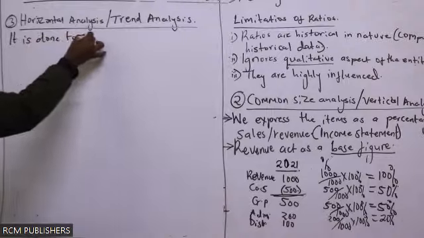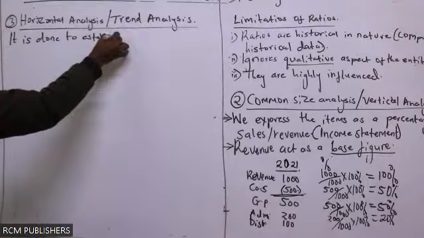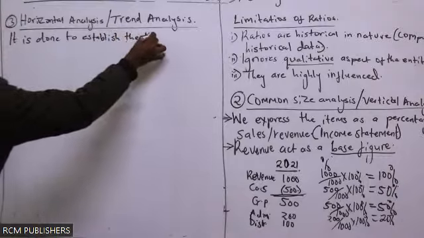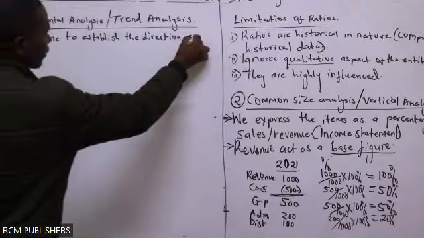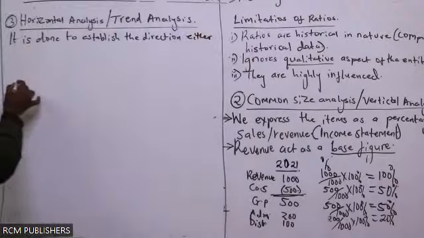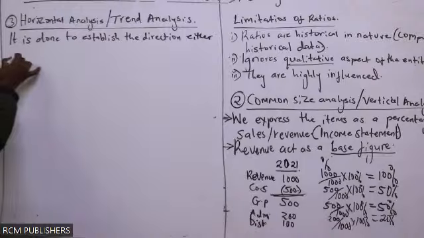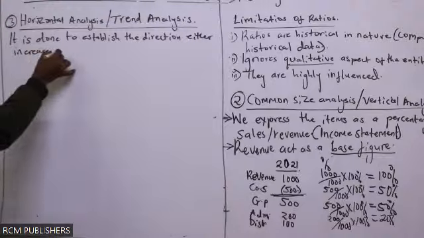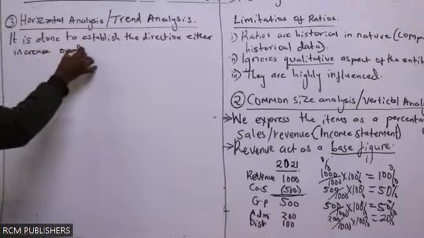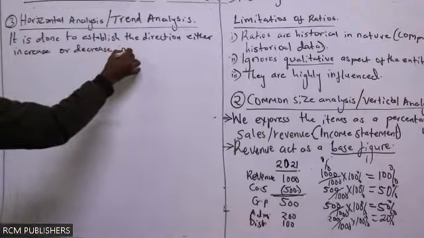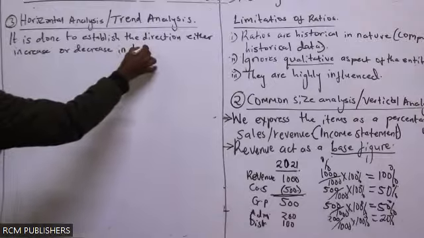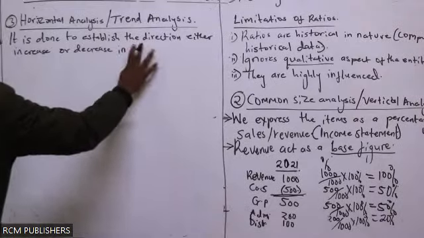It is done to establish the direction, either an increase or a decrease in financial statement items.